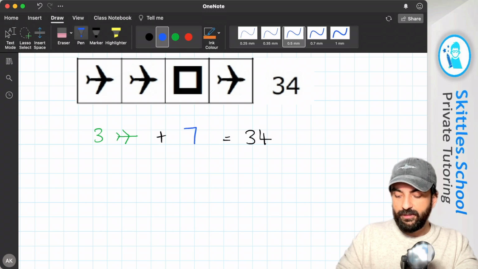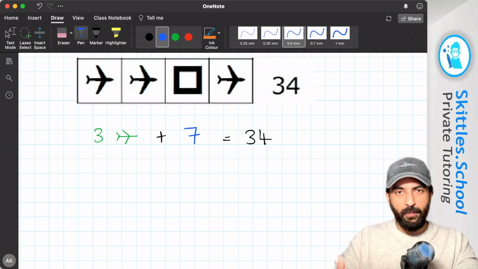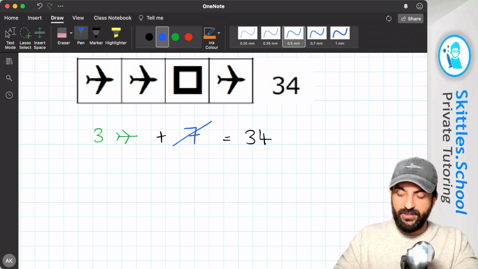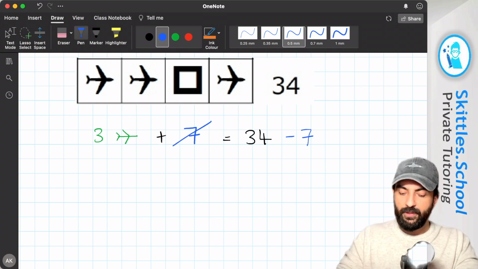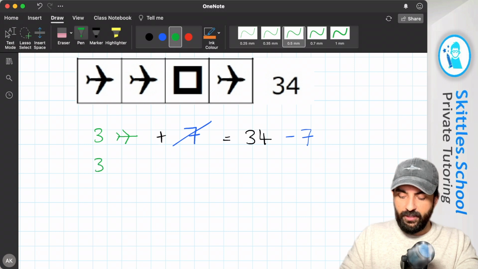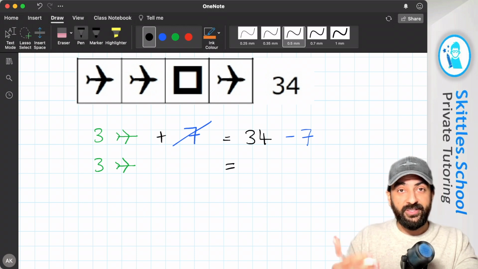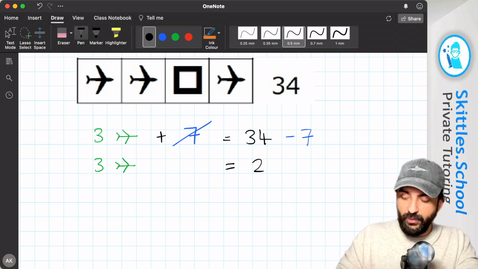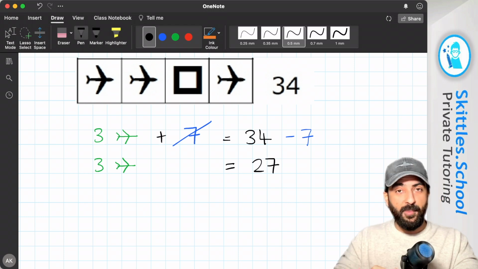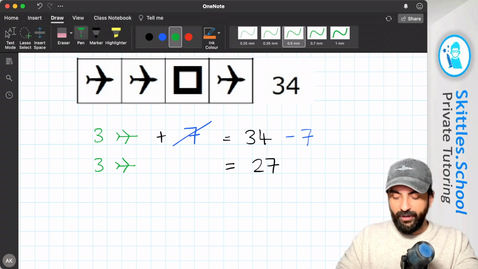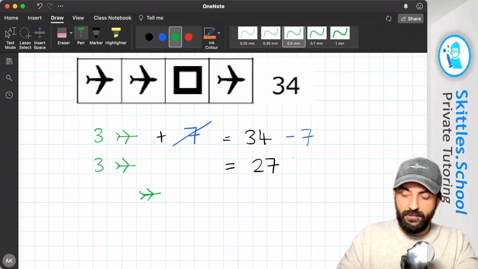And again, we can apply algebra. If we subtract the 7, we are left with 3 amazingly drawn aeroplanes equals 34 subtract 7, which is 27. So if 3 aeroplanes is 27, 1 aeroplane must be 27 divided by 3, which is 9.